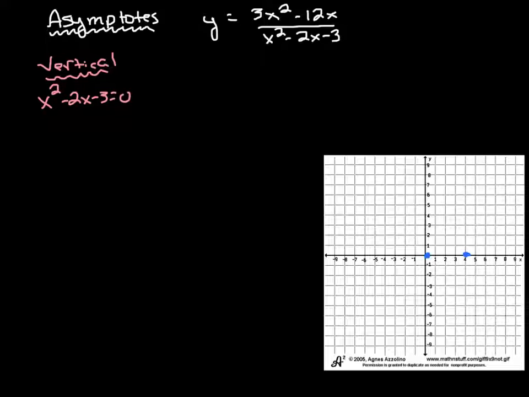Now we're going to solve for x. So this guy is factorable. We have x equals 3 and x equals negative 1. So those are vertical asymptotes.